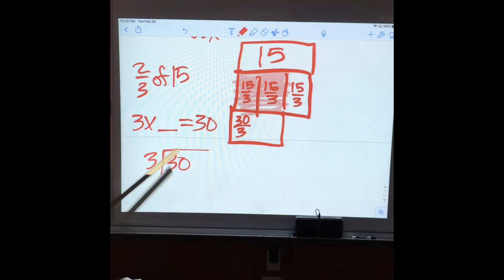Whatever way you want to is fine. How many threes are in 3? There's 1. 3 times 1 is 3. We do the sister subtract, gives us 0, and we bring our 0 up, and it makes 10. Or we could say 3 times 10 is 30.